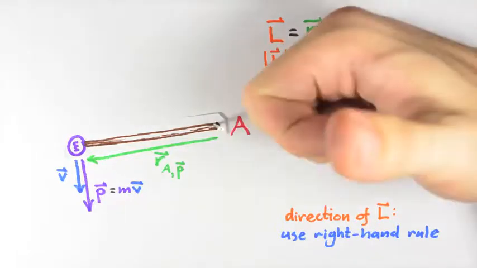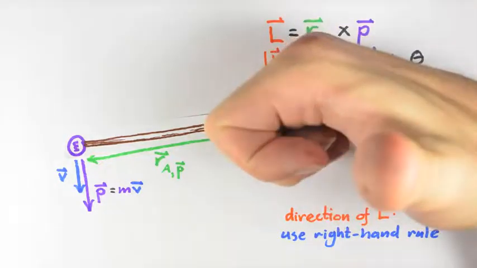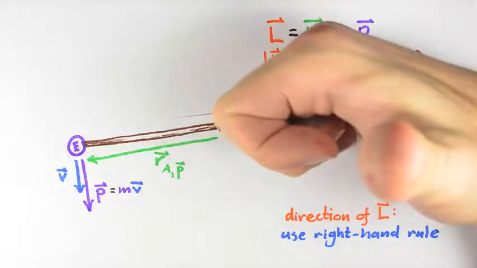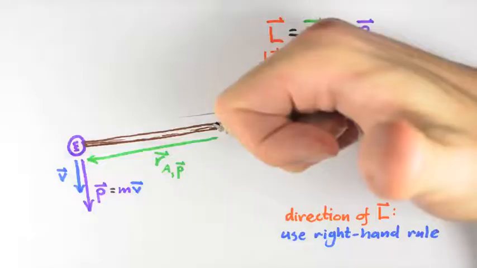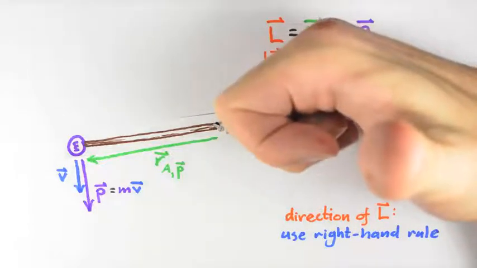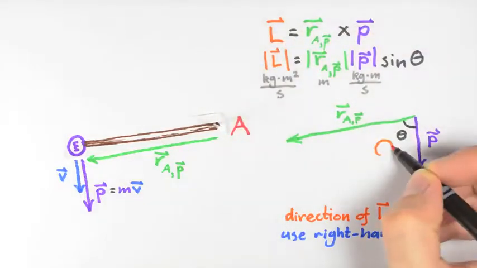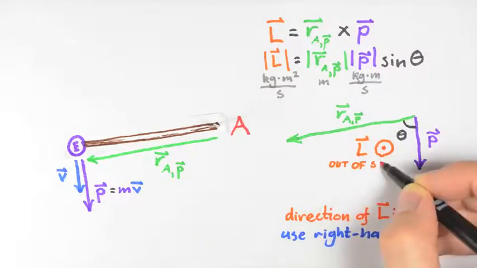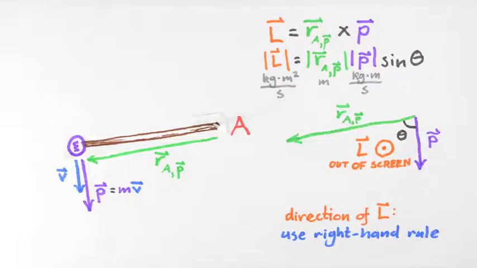Now curl your fingers into a fist while keeping the rest of your hand motionless. Finally, stick your thumb straight out from your hand without moving any other part of your hand. The direction your thumb points is the direction of the angular momentum vector. In this particular case, we see that the angular momentum is out of the screen, toward us.